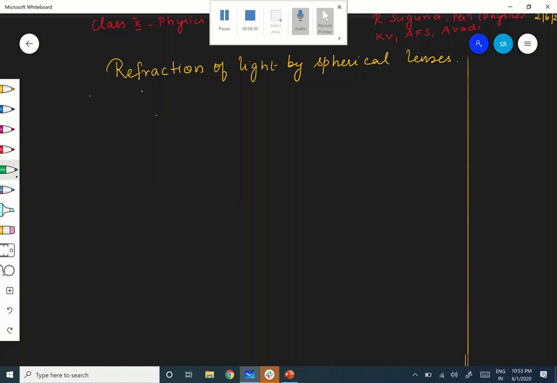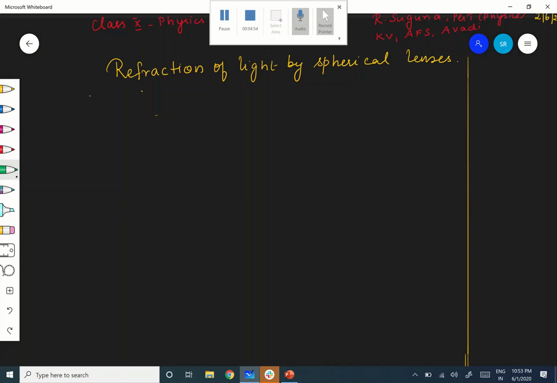Are you following? What is a lens? A lens is a transparent medium bounded by two surfaces, of which one has to be a spherical surface. The other may or may not be. Depending upon the shape of the surface, you can classify the lens into different categories.